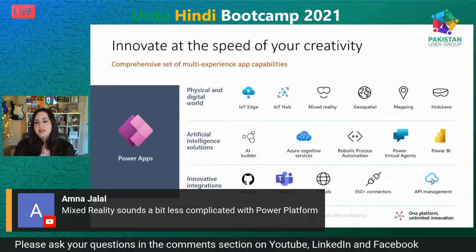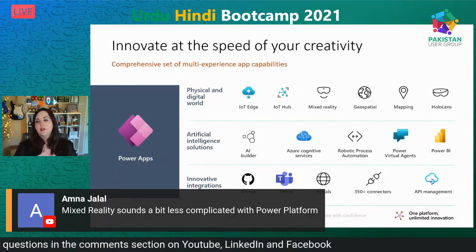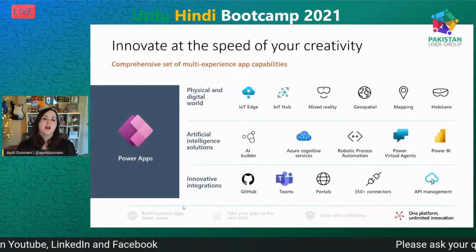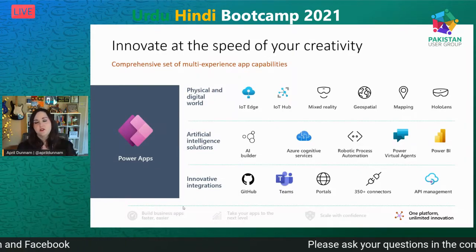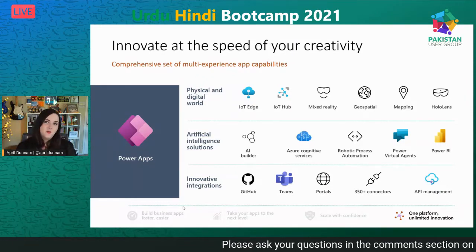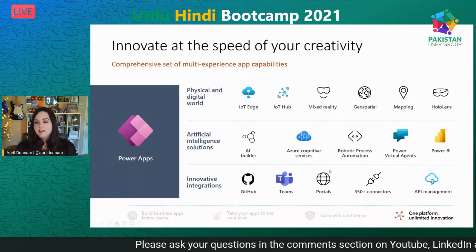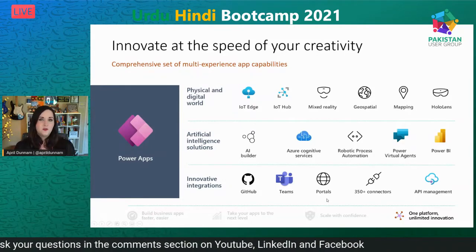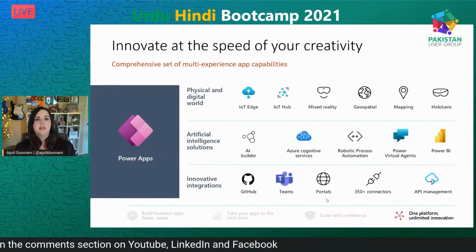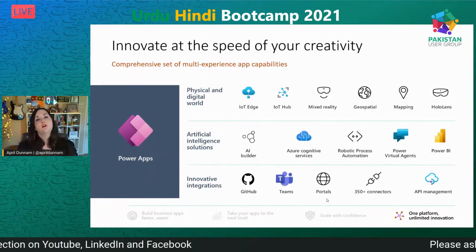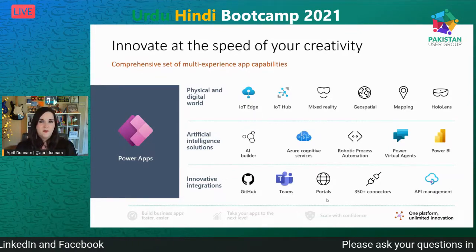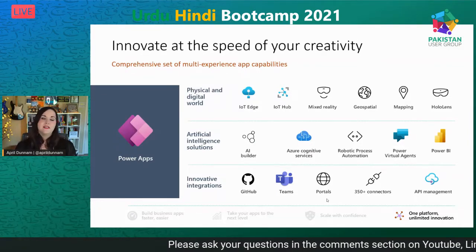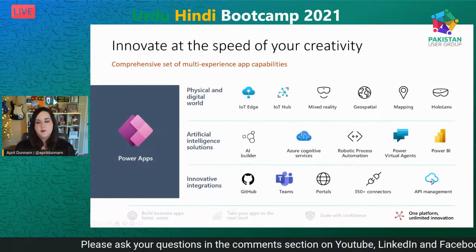And then, of course, the different integrations that we have with the pro dev side of things, like being able to integrate with GitHub to publish out and manage our source code and our application lifecycle, API management that I mentioned earlier, and something called Power Apps Portals, which are a way to create a publicly accessible website basically on the Power Platform with the portal mechanism. So we've seen portals a lot. You've probably used one. A lot of the vaccination portals and stuff are actually built on Power Apps portals.